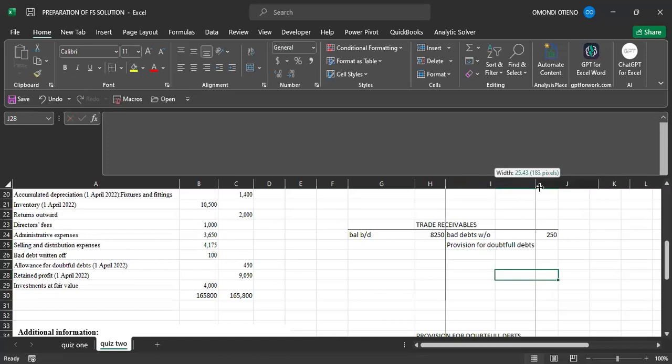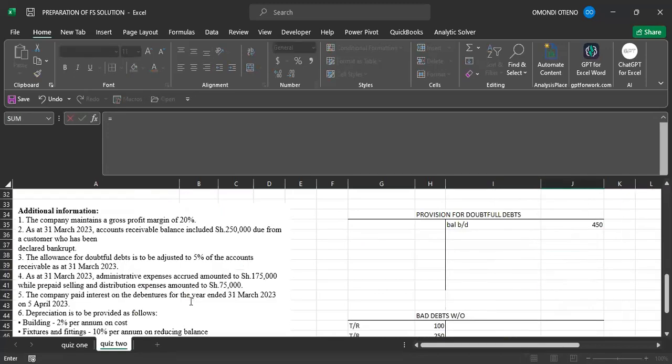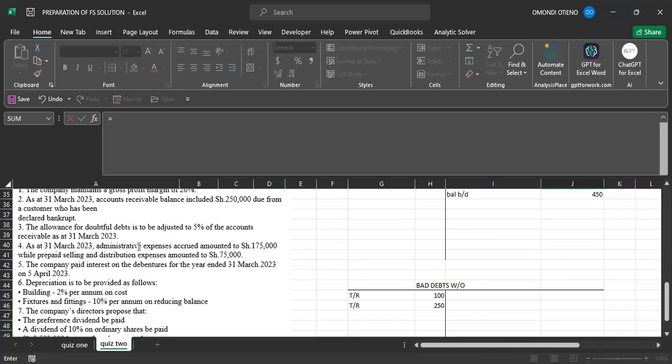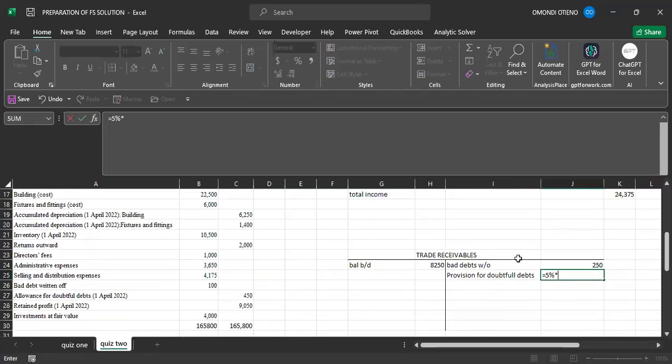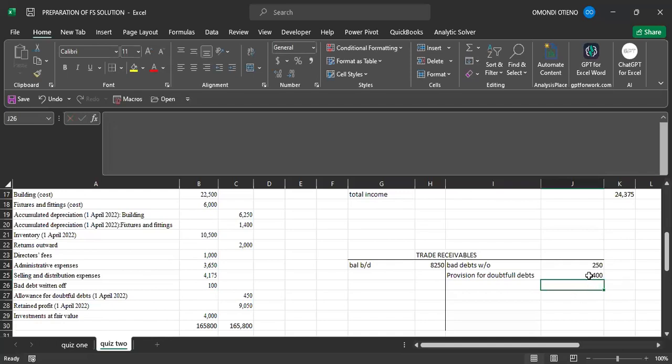So how much are we taking to the doubtful debts account? We are told to take 5% of the account receivable balance at the end of the year. This balance is what we add minus what is supposed to be written off. So the net amount after dealing with all that is equal to 8,000. 5% of 8,000 is 400.